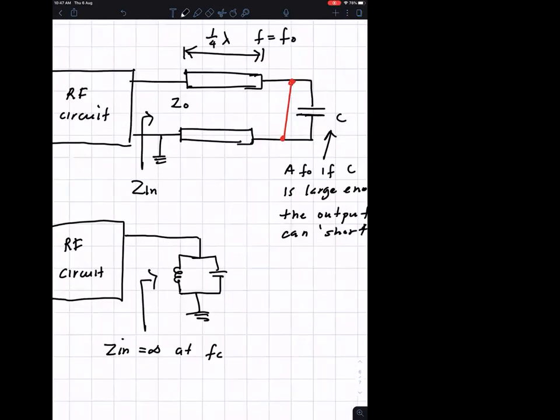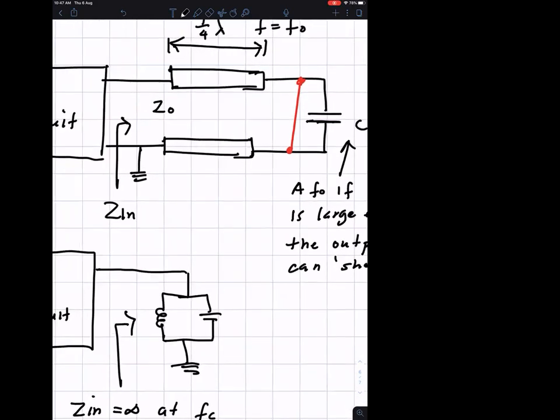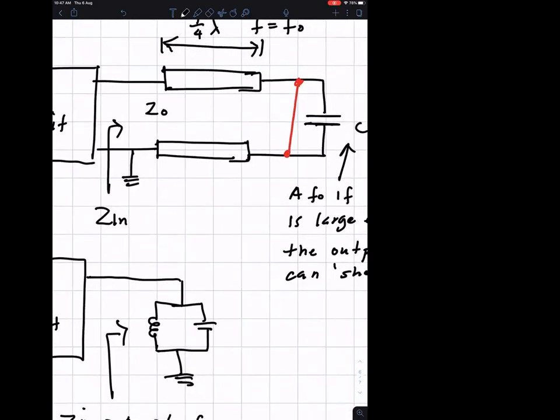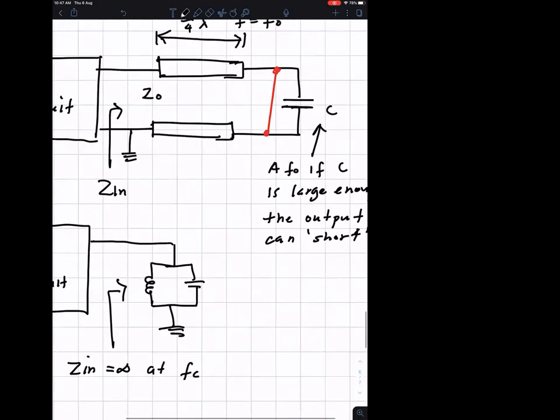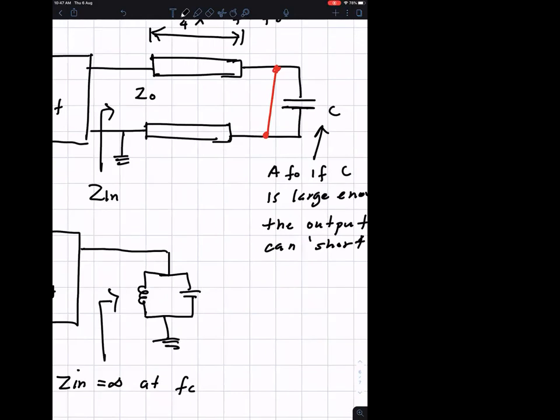If you want the RF circuit to see an open circuit at the frequency of operation, you can implement that with a transmission line that is a quarter wavelength and terminated with a capacitor large enough so that at that frequency it presents a small impedance. It will behave like a short circuit.